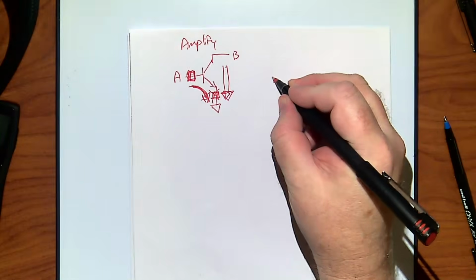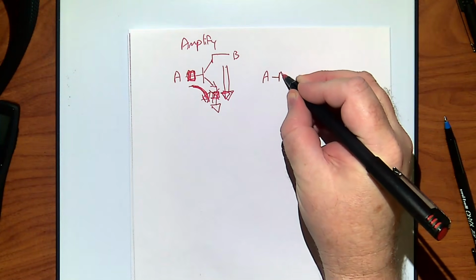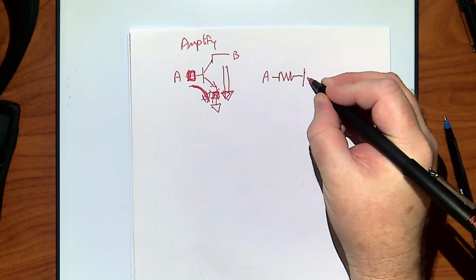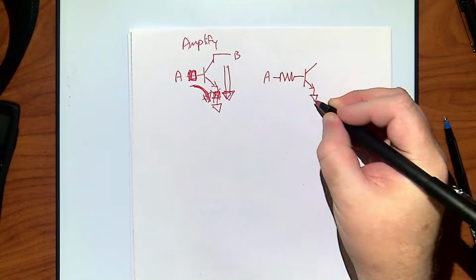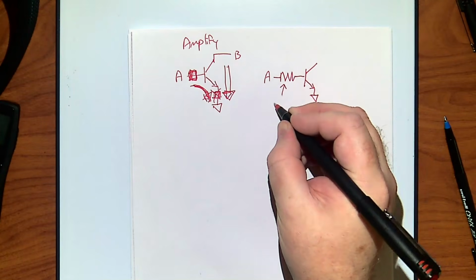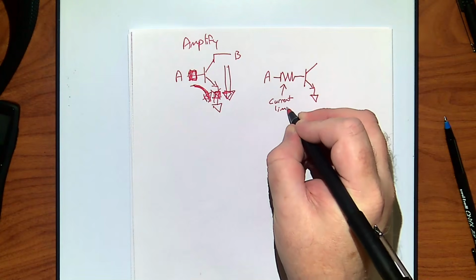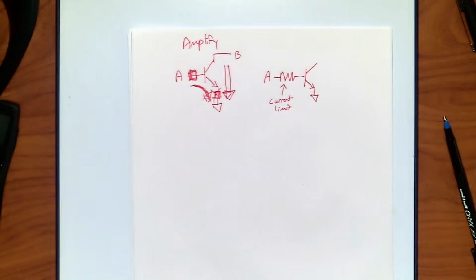So now, let me neaten up my picture a bit. A goes through a resistor. Actually, let me just draw a resistor there. And this resistor is for current limiting. And remember, I just need some current flowing here. It doesn't have to be strong at all. As long as you get over 0.7 volts, more than that, right?